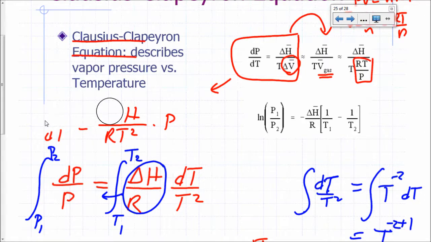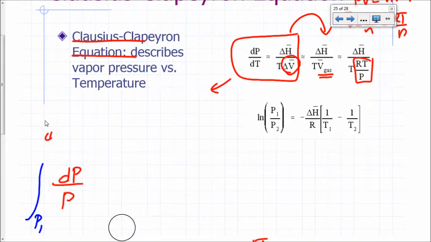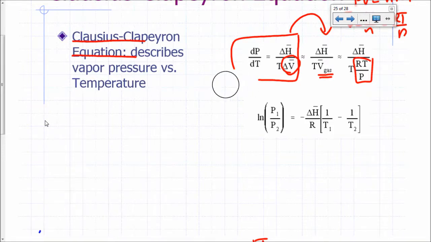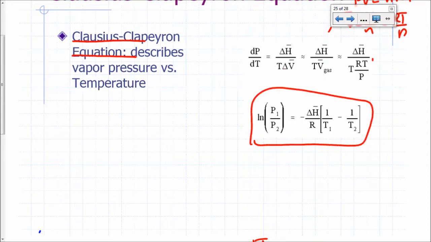Clausius-Clapeyron equation right here is the final result over here. If you were to get data at two different temperatures, the vapor pressure at two different temperatures, you can solve for delta H bar.